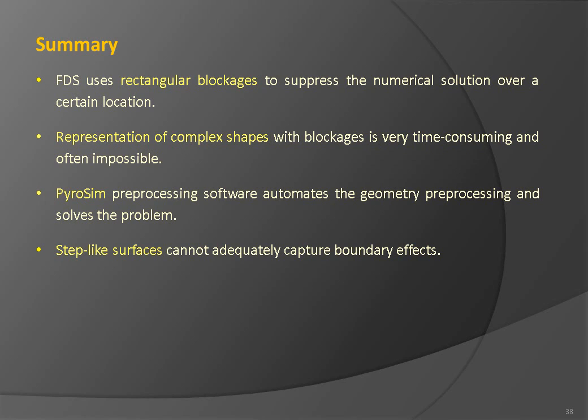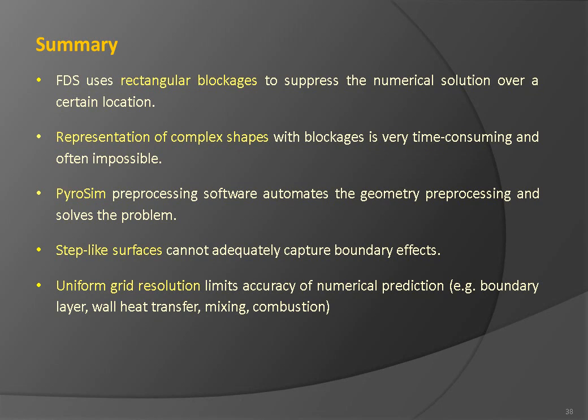Nevertheless, describing curved surfaces with a rectangular section produces step-like surfaces which often cannot adequately capture boundary effects. Inability to locally refine the numerical grid limits the result's accuracy, as the important local effects such as boundary layer, wall heat transfer, mixing, combustion are underrepresented.